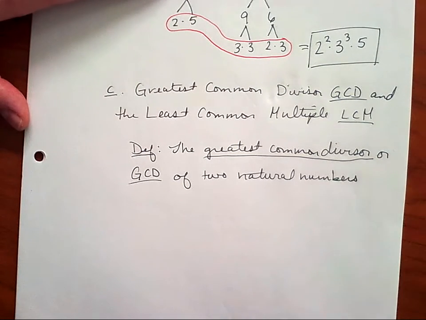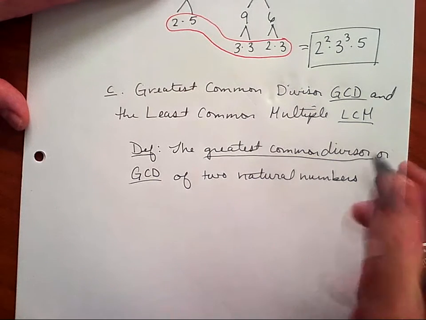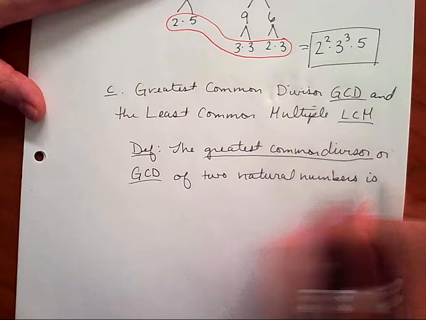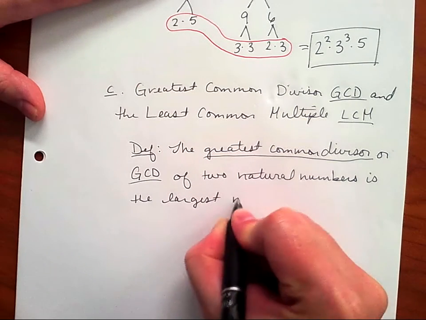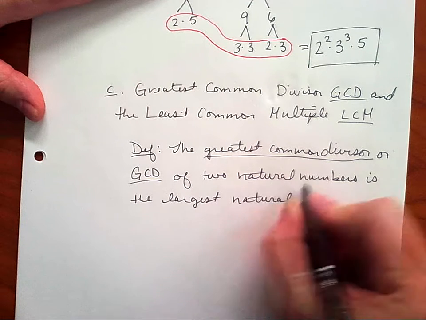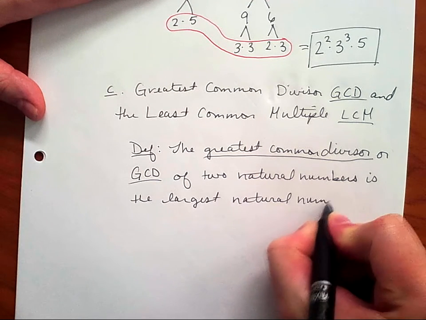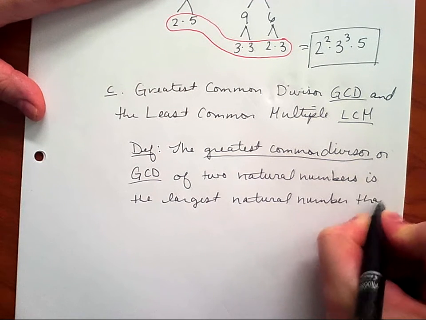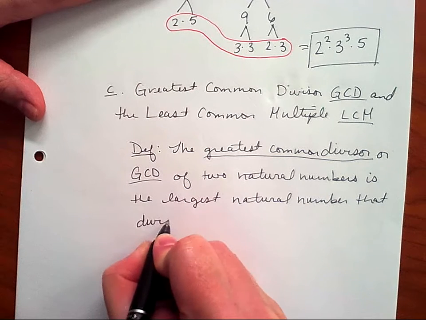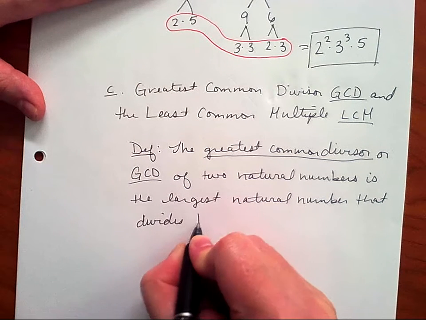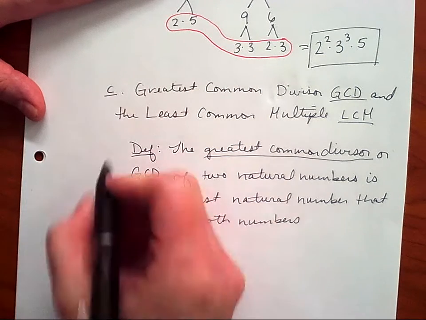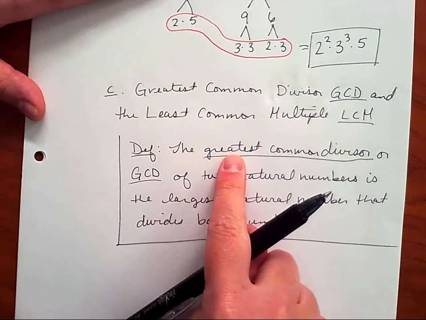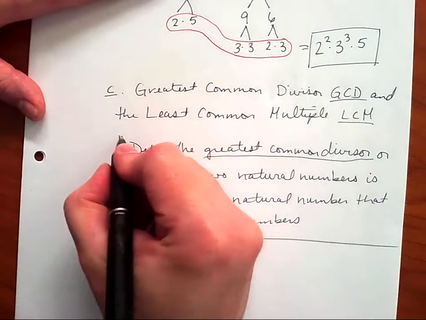Counting numbers, good. So 1, 2, 3, 4, 5. I'm not saying 0 and I'm not saying negative numbers. It's positive whole numbers. The GCD of two natural numbers is the largest natural number that divides both numbers.